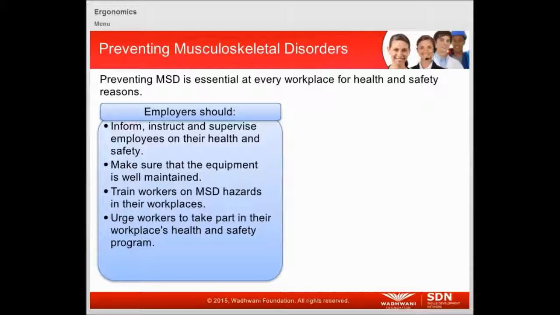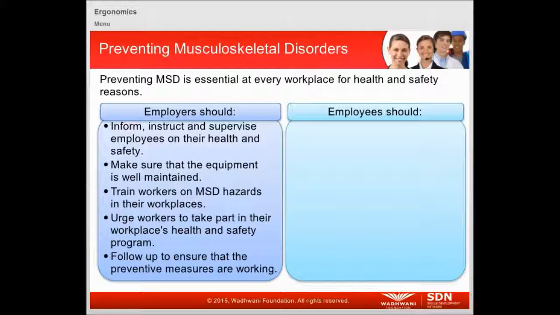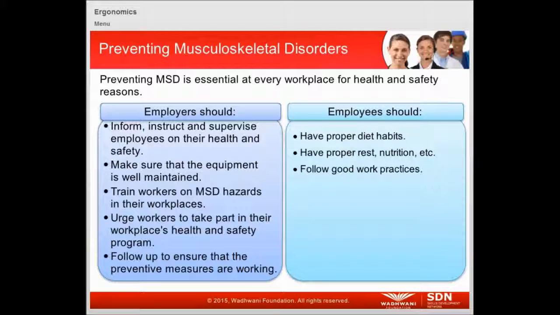Urge workers to take part in their workplace's health and safety program. Follow up to ensure preventive measures are working. Employees should have proper diet habits, have proper rest, nutrition, etc., and follow good work practices.